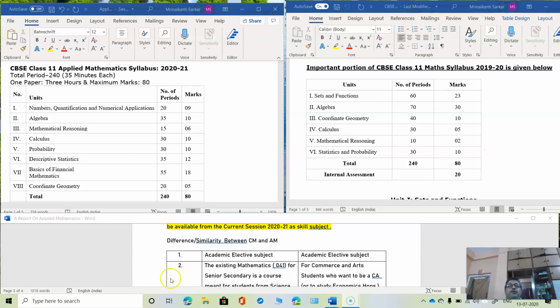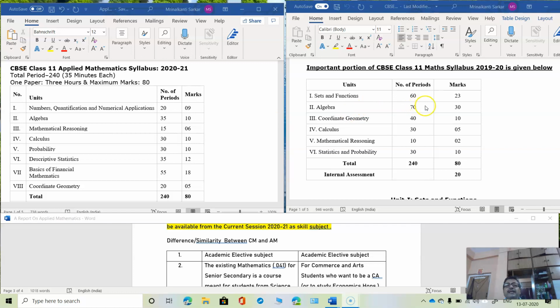Now, if you just compare here only, before we go to the detailed part of it, sets and functions, you see 23 marks given. Here, have you seen anything on sets and functions? Something is there that I'll show you in this part, where your relation part is involved, but that is a very basic concept.